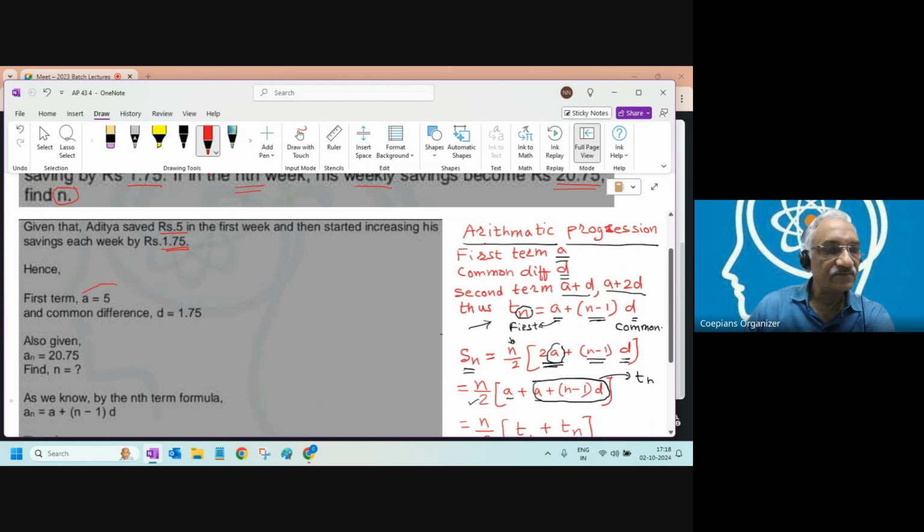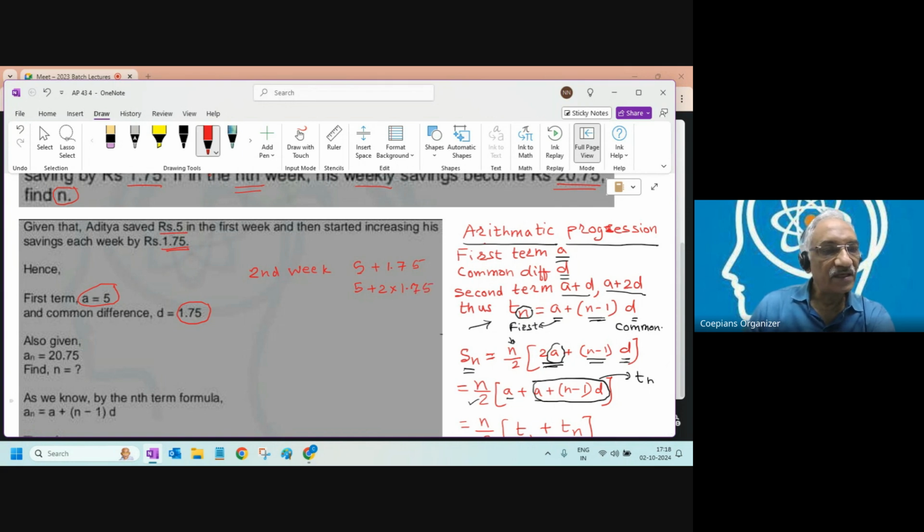So the saving of the first week is a equal to 5, and the common difference is 1.75, because he is increasing his savings each week by 1.75. For the second week, it will be 5 plus 1.75. For the third week, it will be 5 plus 2 into 1.75, and so on.